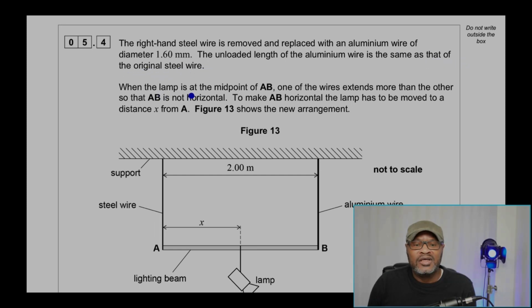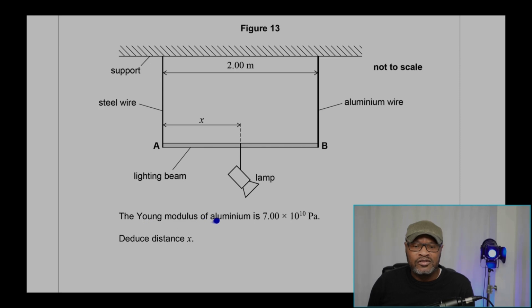When the lamp is at the midpoint of AB, one of the wires extends more than the other so that AB is not horizontal. To make AB horizontal, the lamp has to be moved to a distance x from A. Figure 13 shows the new arrangement. The Young modulus of aluminium is 7 times 10 to the power 10 pascal. Deduce distance x.